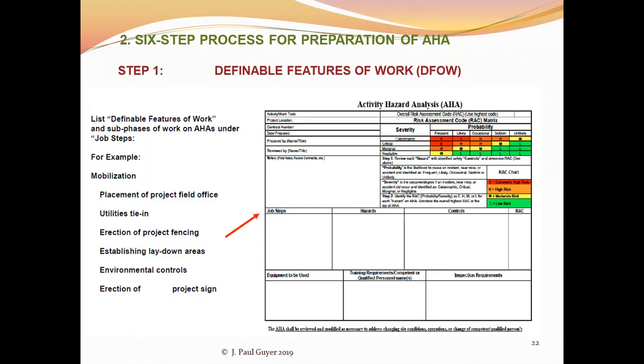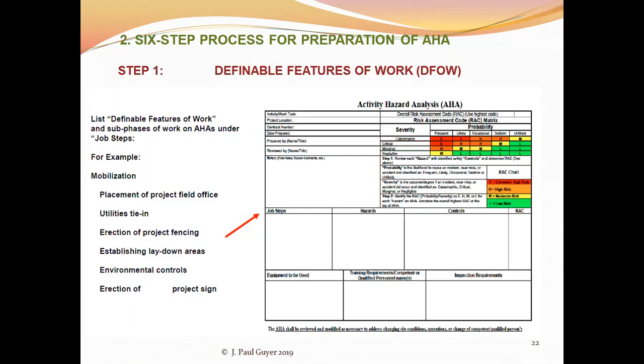Extreme, high, moderate, low, using the little color chart there. And you see that the color chart up there blends together the severity and probability aspects that you need to think about in terms of a risk assessment code.